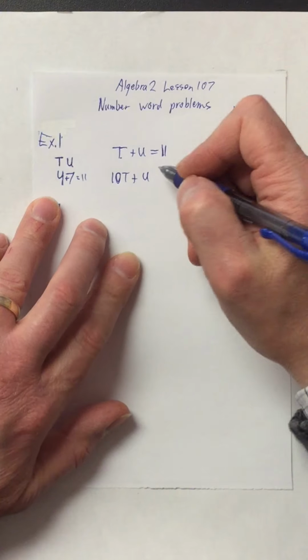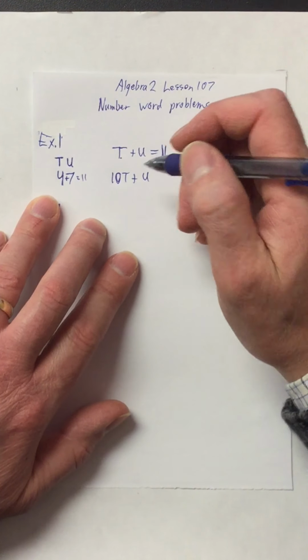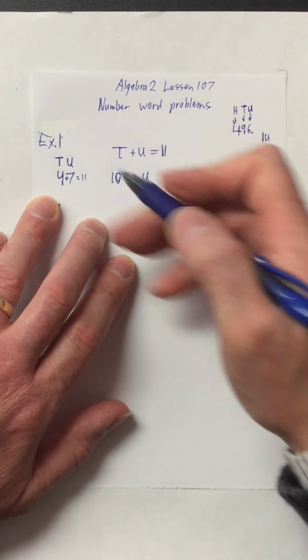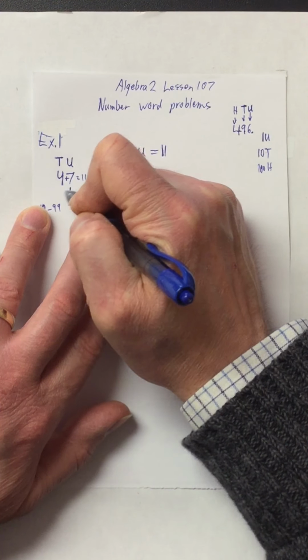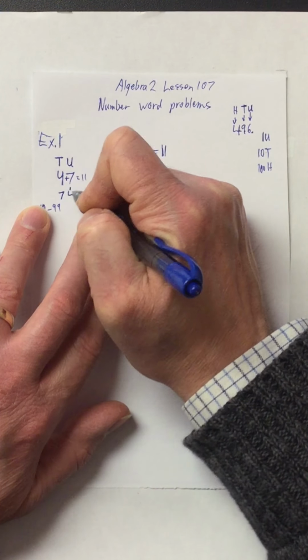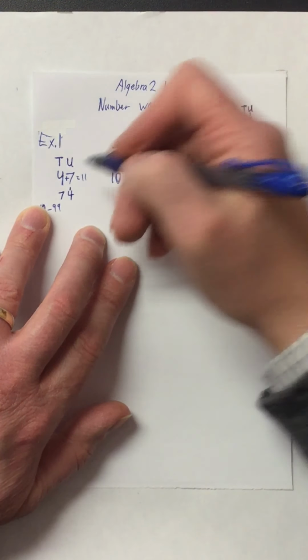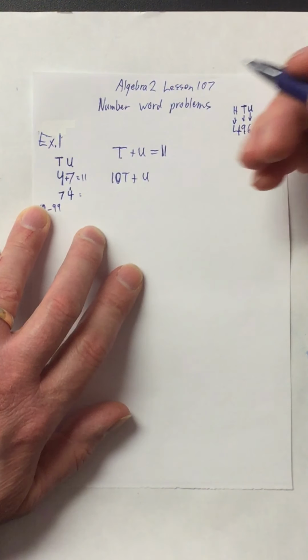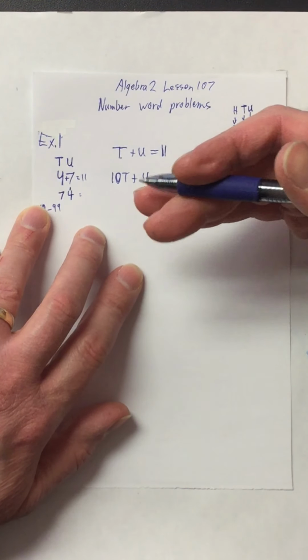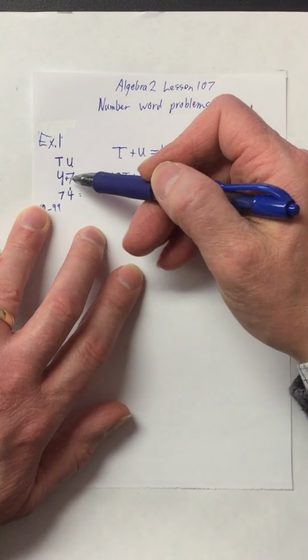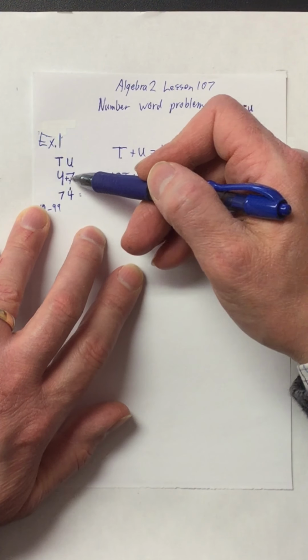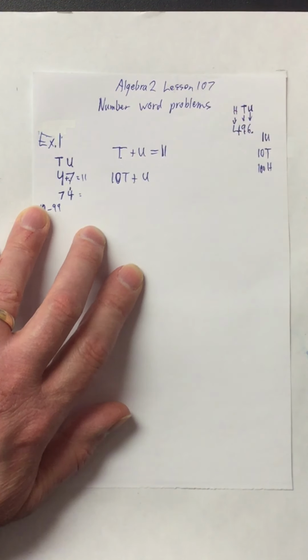Then what it's telling us in the problem is if those digits are reversed, meaning if we switch the 7 to be first and the 4 to be second, then the answer is 27 greater than the original number. So yes, 47 plus 27 is 74. It does work.